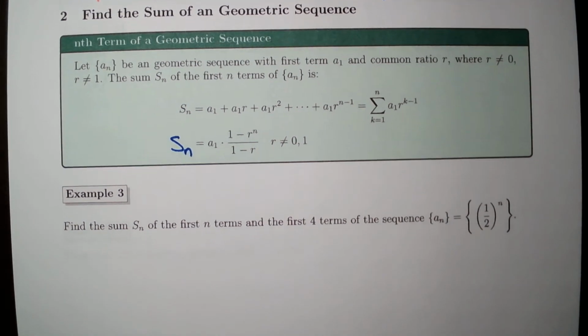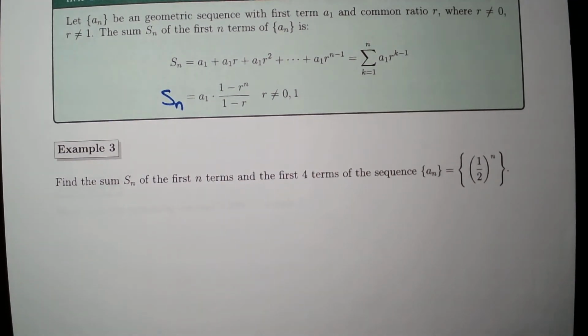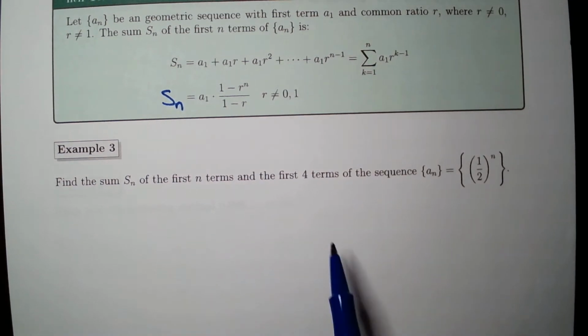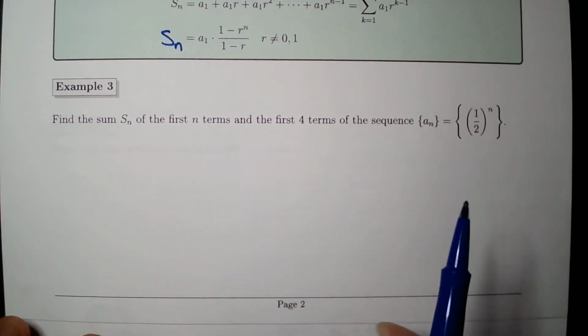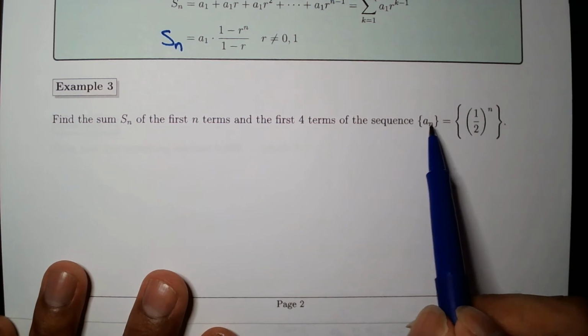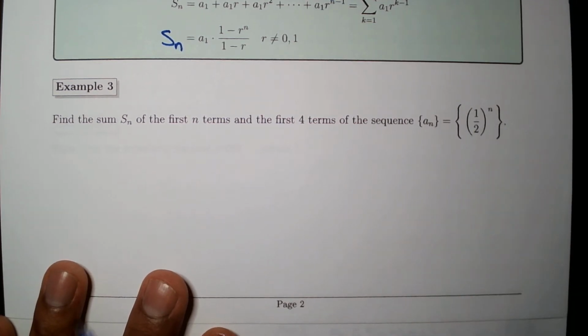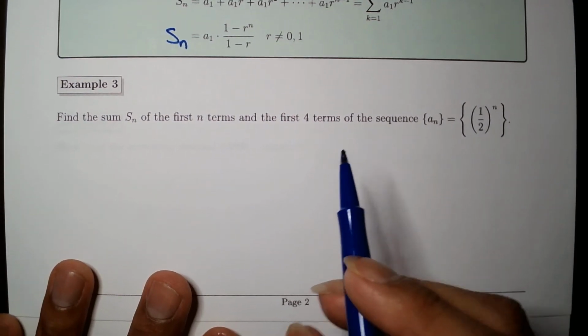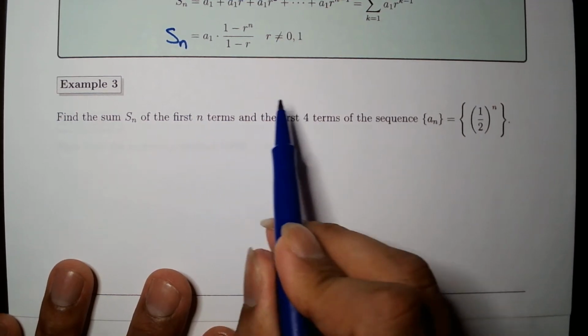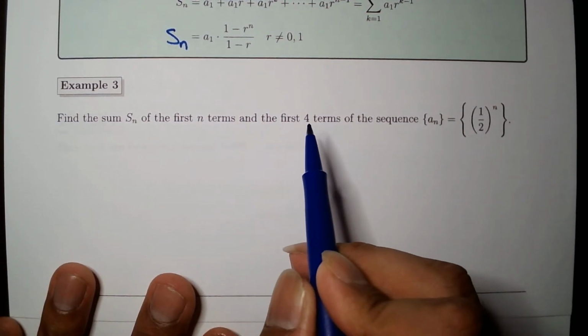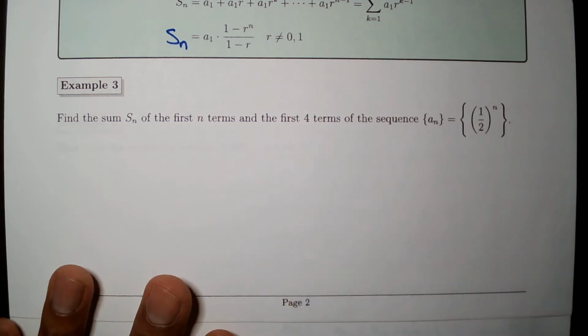All right. So in this case, what do we want to do? We have this sequence given this rule, 1/2 to the nth power. They're asking us to find the sum of the first n terms and then use that expression to find the sum of the first 4 terms of the sequence.